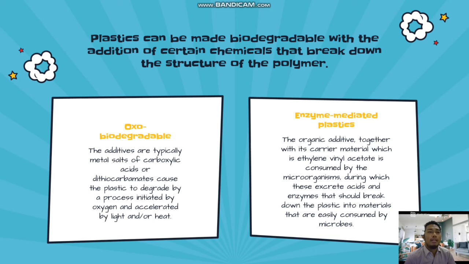Enzyme mediated plastic, the second one: the organic additive together with its carrier material, which is ethylene vinyl acetate, is consumed by the microorganisms, during which they secrete acids and enzymes that should break down the plastic into materials that are easily consumed by microbes.